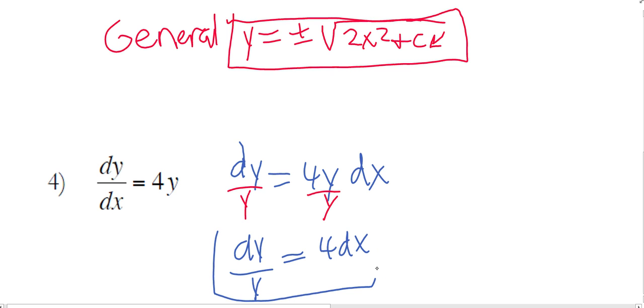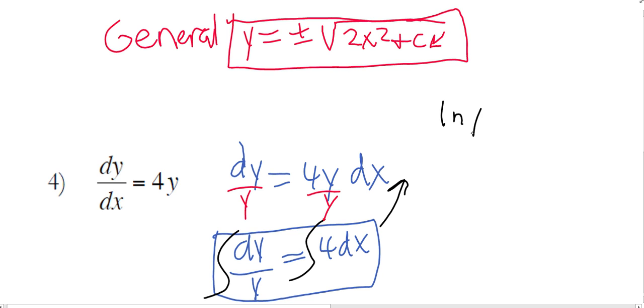And then we can go ahead and integrate both sides, and we get the natural log of y is equal to 4x plus a constant. And this is often overlooked, but it's the absolute value of y.